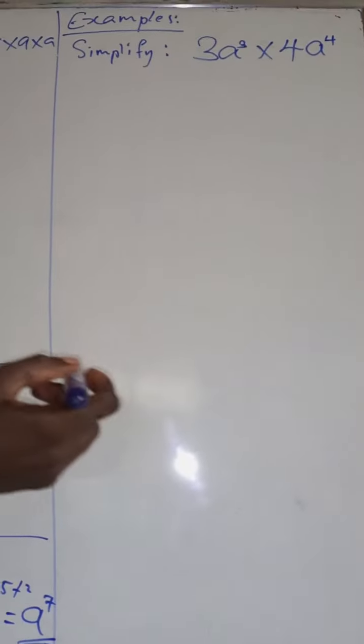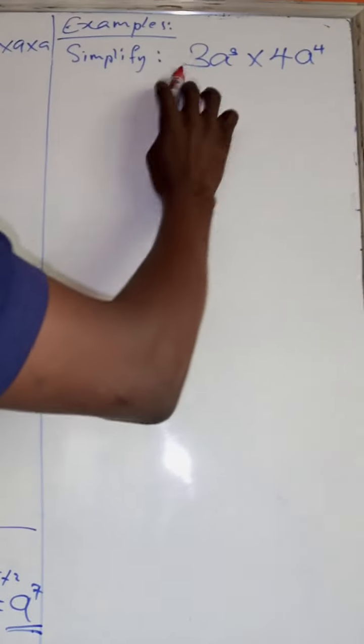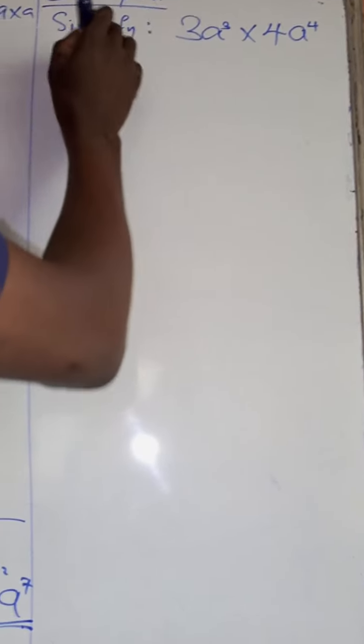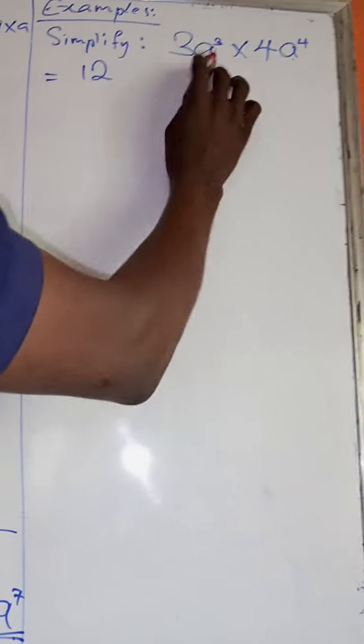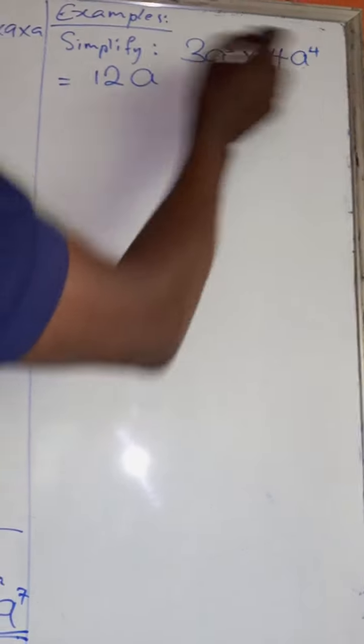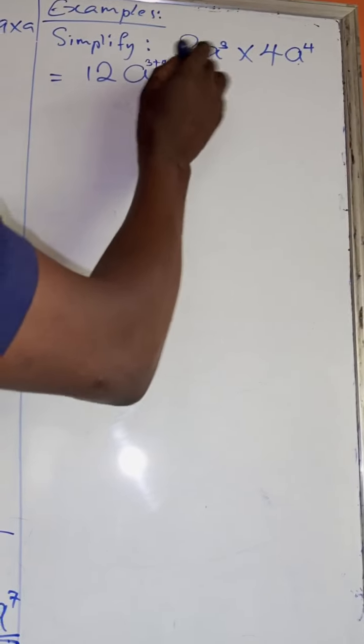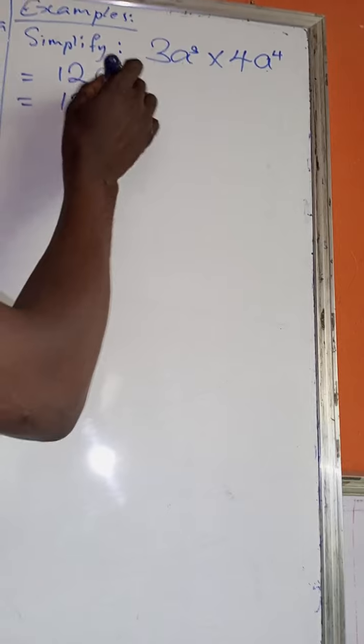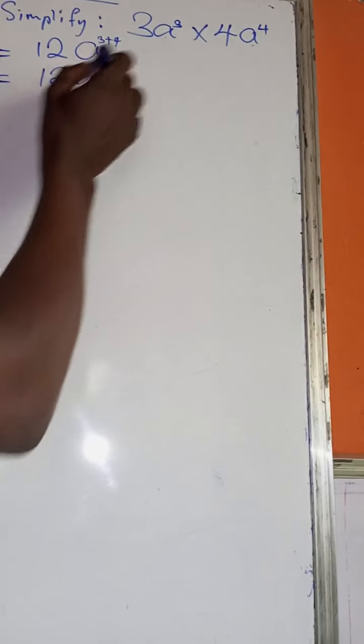So look at this now. They have coefficients. So what you do is multiply their coefficients. It will give me 12. So this a, I take 1a, then I add the power 3 plus 4. This will now give me 12a raised to power 7.